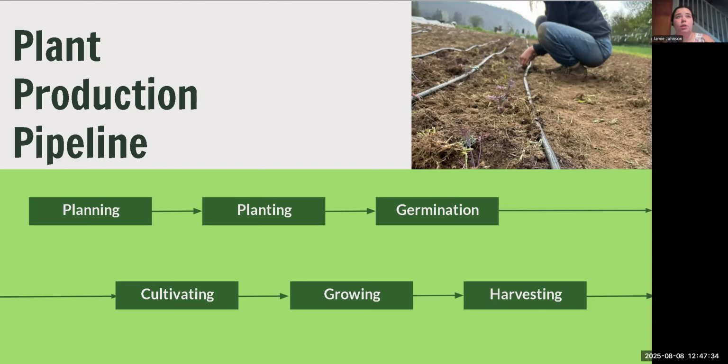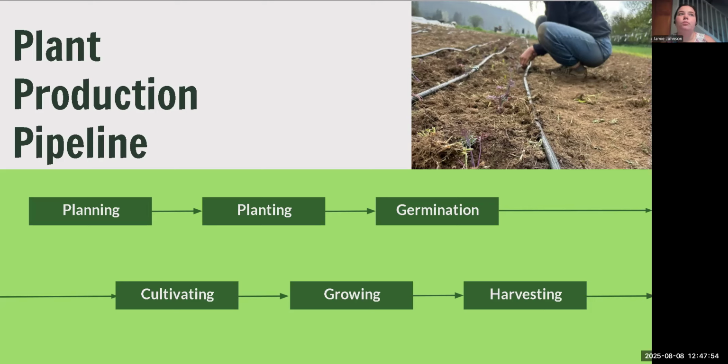Now, cultivation in this sense of the word is kind of a funny definition, but I was thinking along the lines of if you transplant plants from the greenhouse to outside, or if you're thinning your carrots once they germinate.